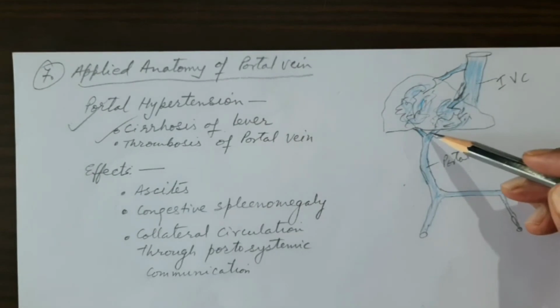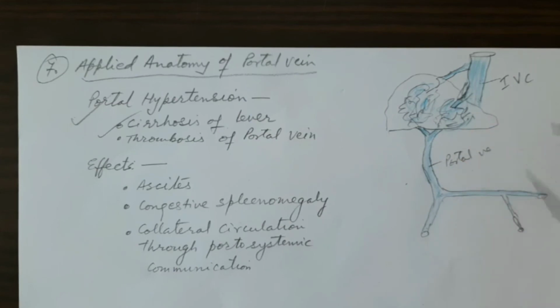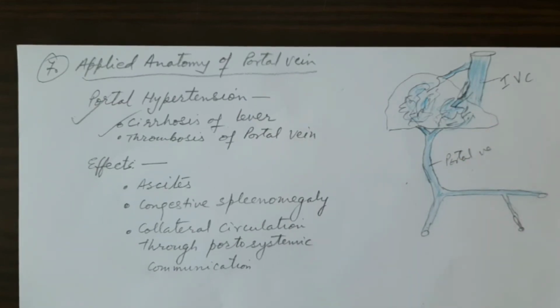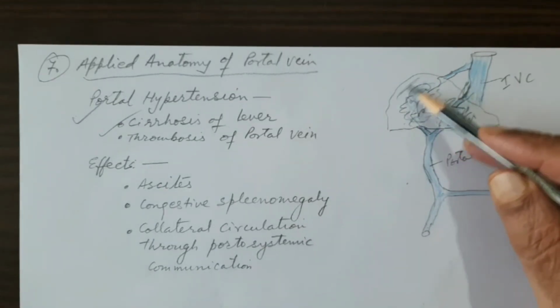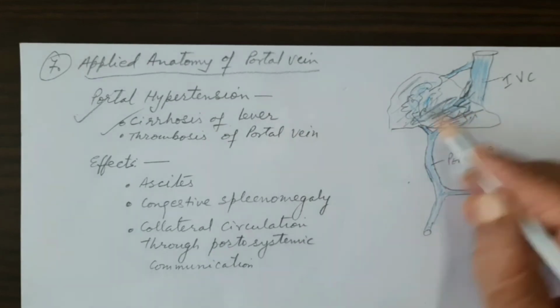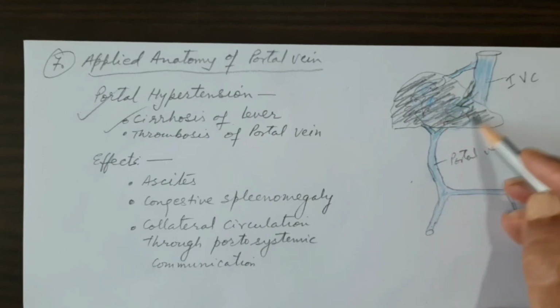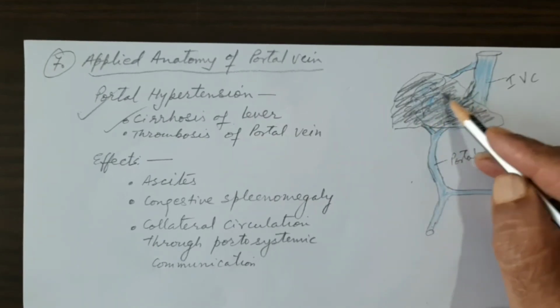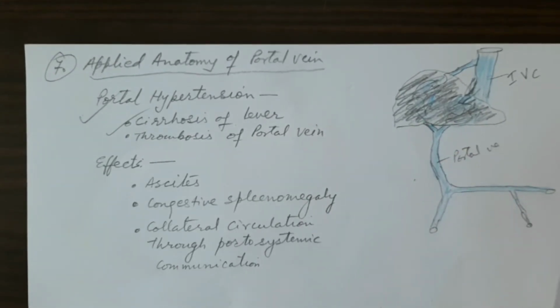So the blood starts collecting in the tributaries and in the main portal vein. This is one of the important causes, cirrhosis of the liver or fibrotic disease, as seen in chronic alcoholics. After chronic alcoholism for many years, if they are constantly drinking, their liver gets fibrotic, so there is an increase in portal venous pressure, portal hypertension, and dilatation of the portal vein and its tributaries.